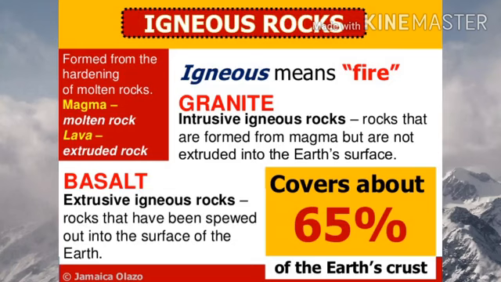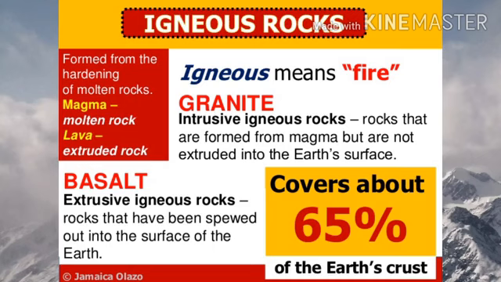These rocks are associated with volcanic eruptions. These rocks are formed by cooling of the molten magma inside the earth's crust or on the earth's surface. They are also called primary rocks because all other rocks are directly or indirectly formed from igneous rocks.